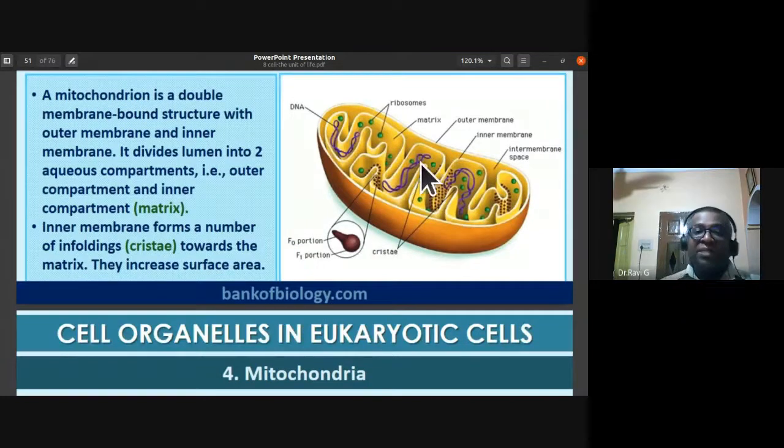The infolds of this inner membrane divide the lumen into two compartments: the outer compartment, made up of the intermembrane space, and the inner compartment, which has the matrix. The inner membrane forms numerous infoldings, which we call cristae, towards the matrix. What is the purpose of cristae? They increase the surface area.